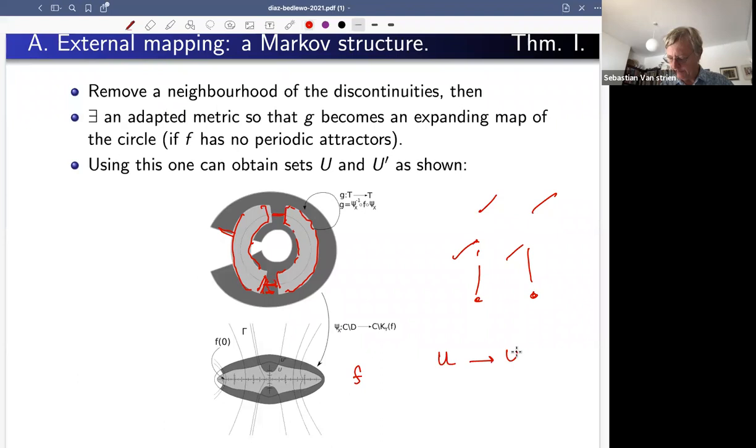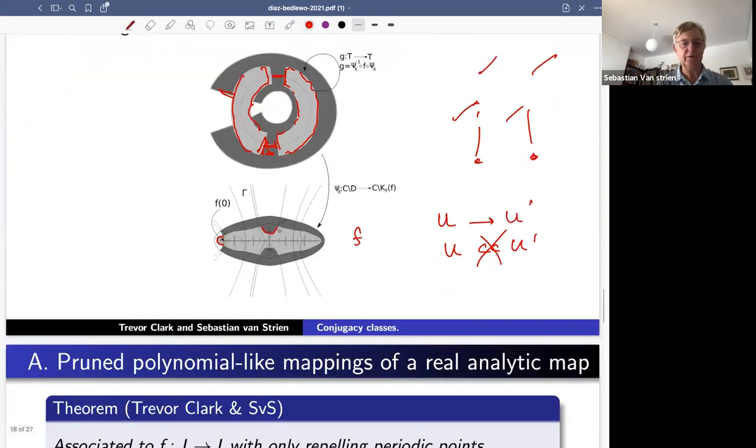Well, I have a map from U to U prime, but U is not compactly contained in U prime, and so that's not true. In fact, you can see here U and U prime have a common boundary there. And also you see there's a bit of U sticking out of U prime.